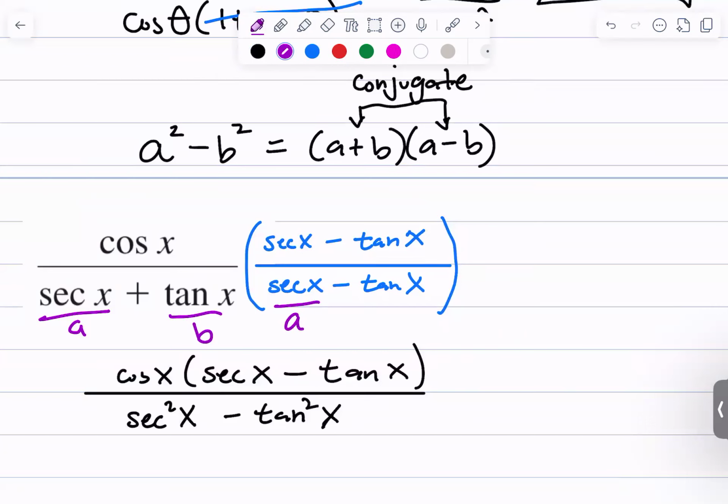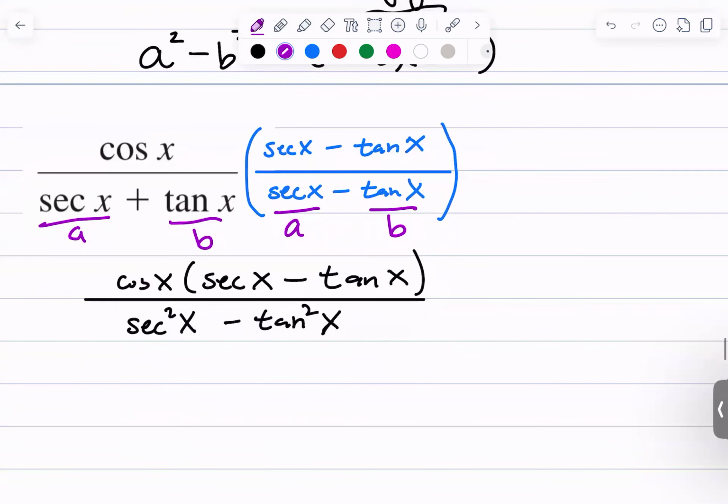I have a minus b, right? A plus b times a minus b. And now I just squared both and put a minus sign between them because it equals a squared minus b squared. I see a trig function squared, right? What is that? Secant squared x minus tangent squared x. That equals 1. So that just goes away as 1.